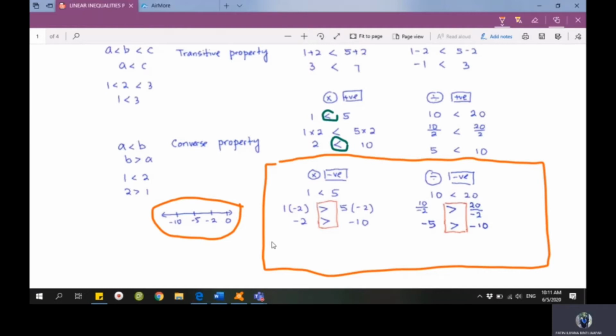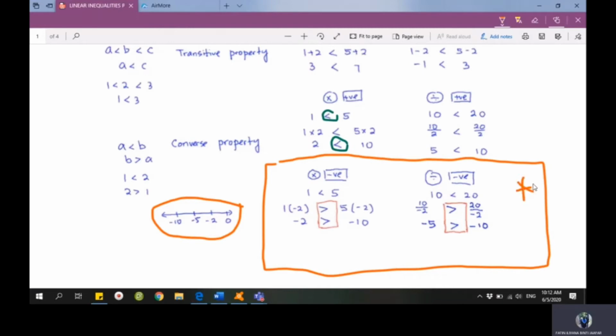So if we multiply with a negative number, our sign has to change from less than to more than. Same goes with division. 10 divided by negative 2 and 20 divided by negative 2, we will get negative 5 and negative 10. Negative 5 is more than negative 10. This one you have to take note.